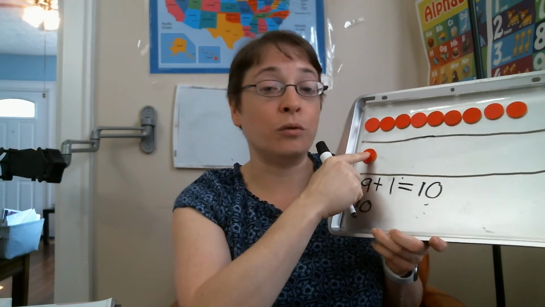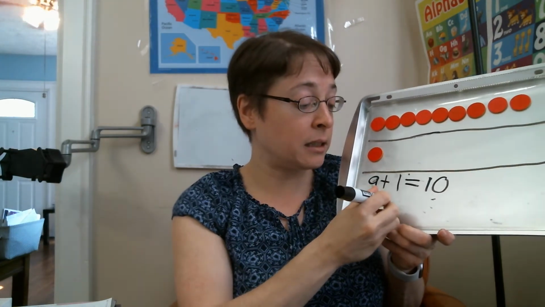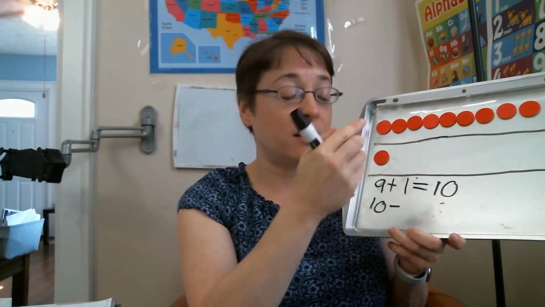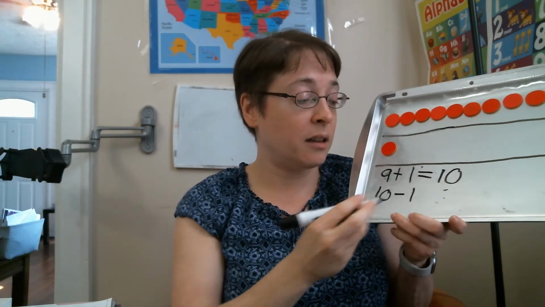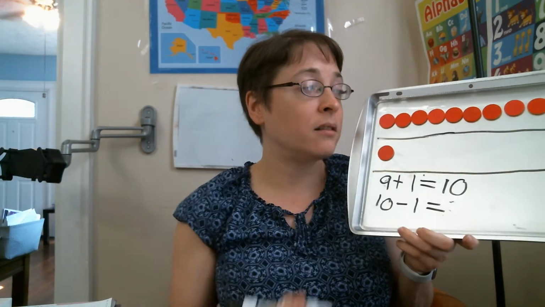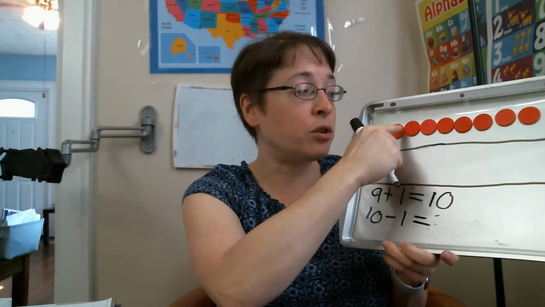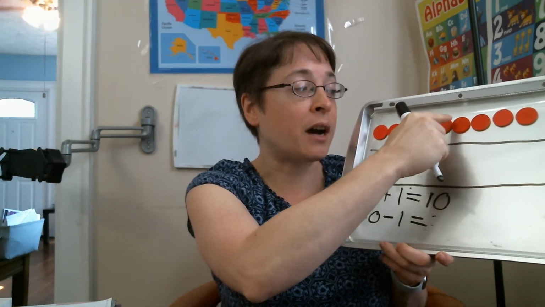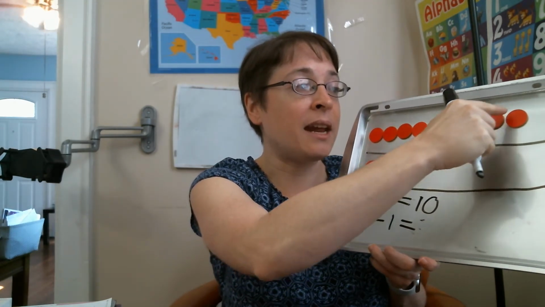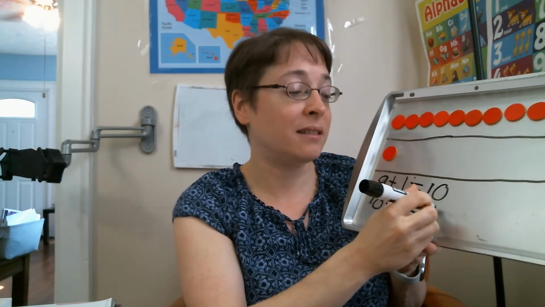So I need to subtract the 1 dog. And how many do I have? 1, 2, 3, 4, 5, 6, 7, 8, 9.